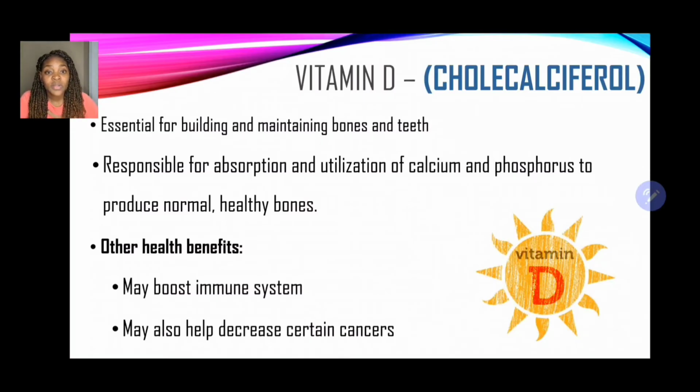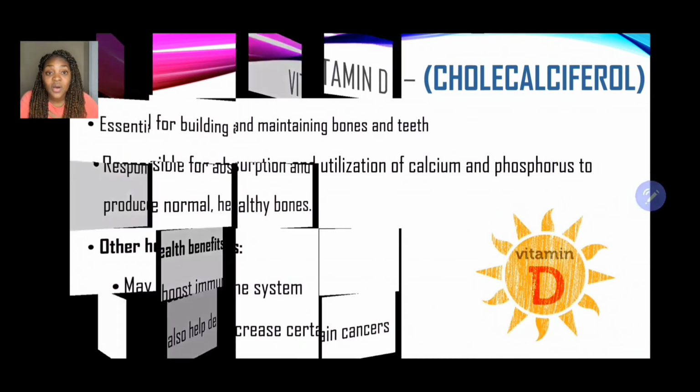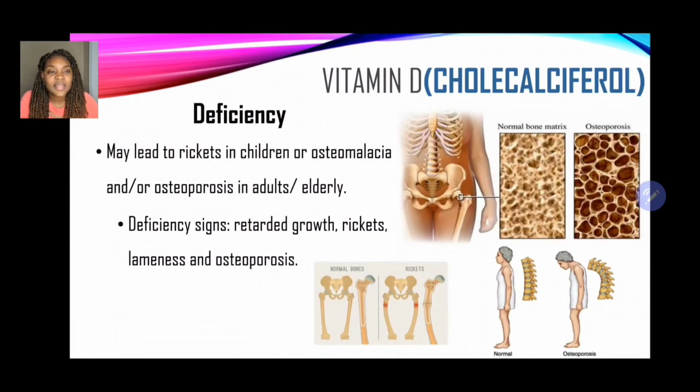All right. Now, other health benefits of cholecalciferol or vitamin D include a boost in the immune system, and it may also help to decrease certain types of cancers. All right. Now, let us look at the deficiency. So as you can see here, we're seeing some images with some bone disorders, right?